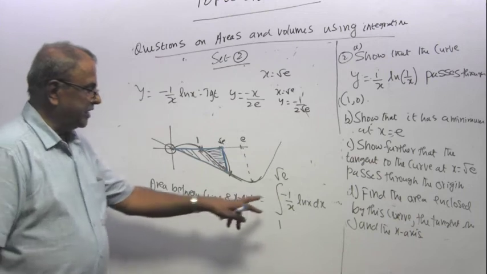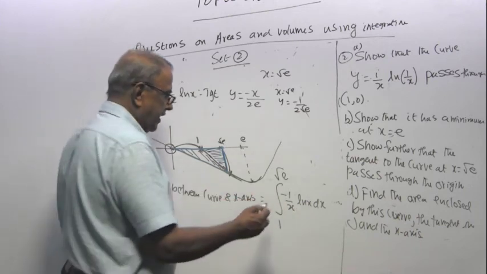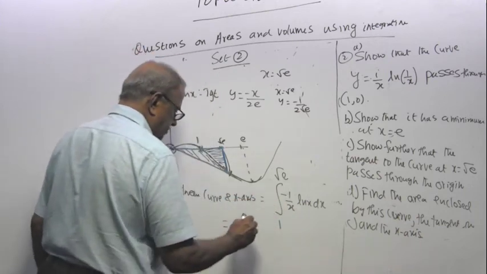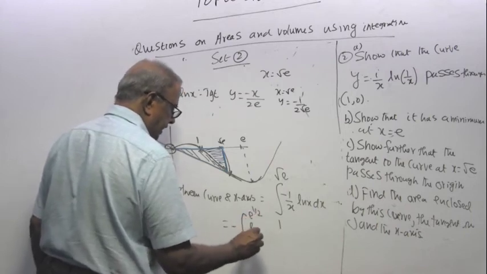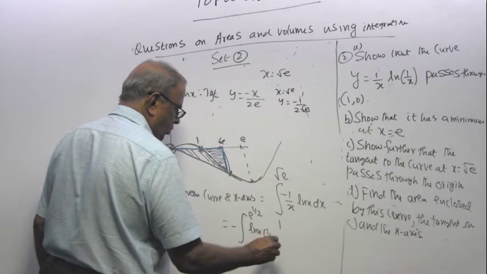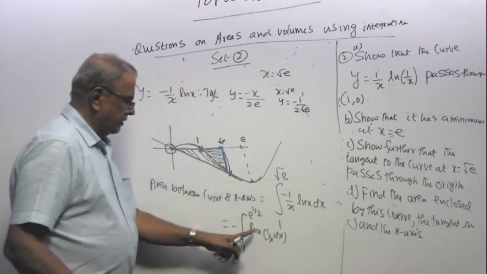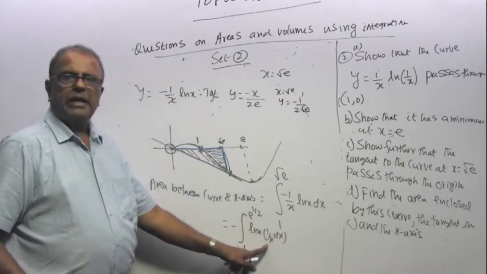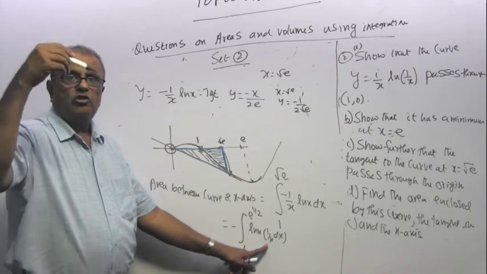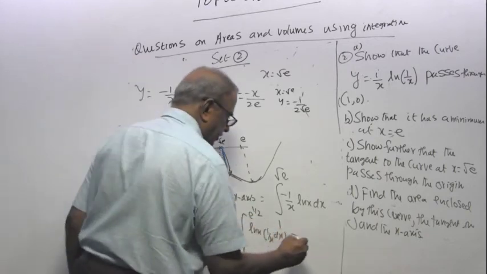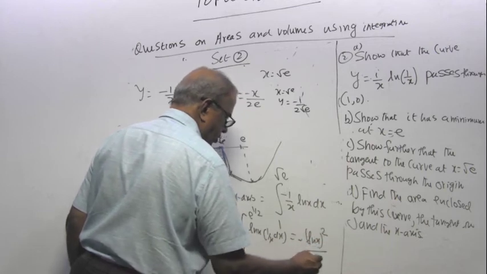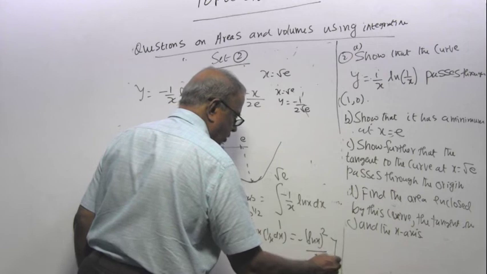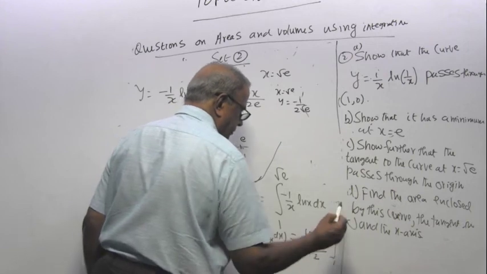Substitution. Inspection. When I differentiate ln x, I get 1 over x. So can I say minus integral 1 to root e of ln x times 1 over x dx. So if I were to call this u, that becomes du. So it is u squared over 2. So it is minus ln x the whole squared over 2 between 1 and root e.